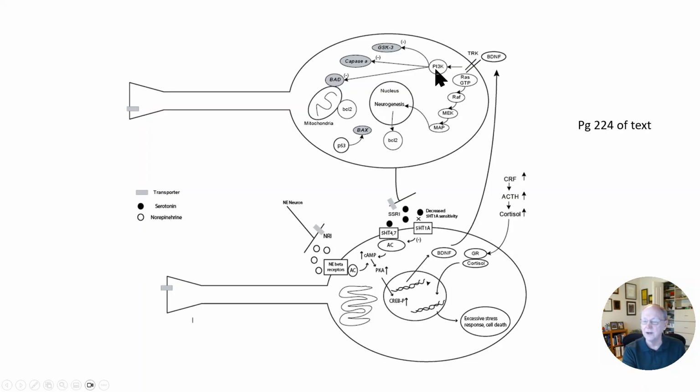PI3K, which we talked about in the earlier lecture, will inhibit the so-called apoptotic enzymes, those that kill neurons. Now, you need these Death Star enzymes, they keep you from getting cancer because they make sure cells die in an orderly way. But if you're losing neurons because of major depressive disorder or severe PTSD, then they're not your friend.